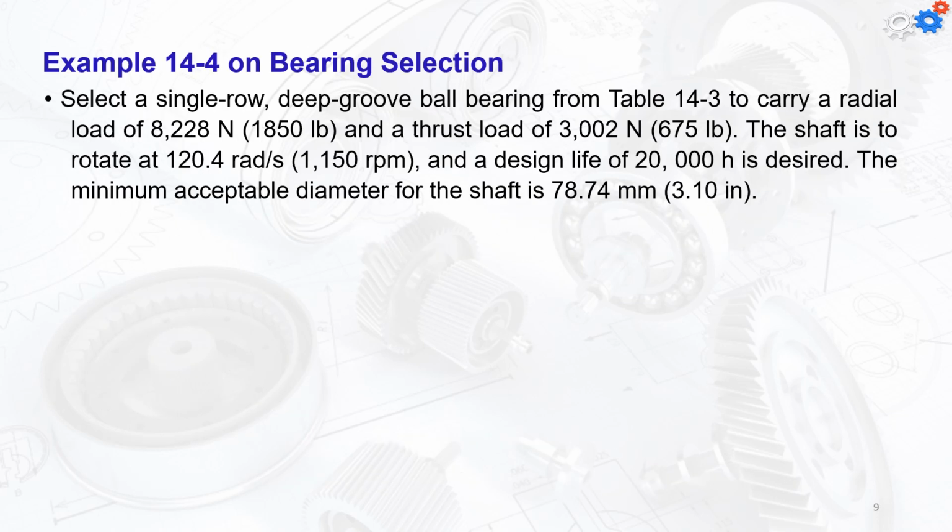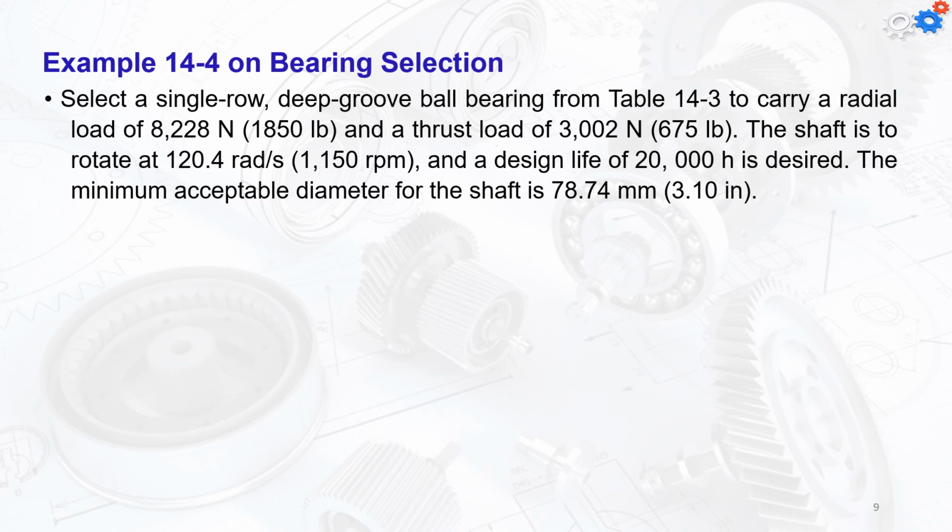For radial and thrust load, we have Example 14.4 to select the bearing. We need to select a single row deep groove ball bearing from Table 14.3 to carry a radial load of 8,228 Newton and a thrust load of 3,002 Newton.